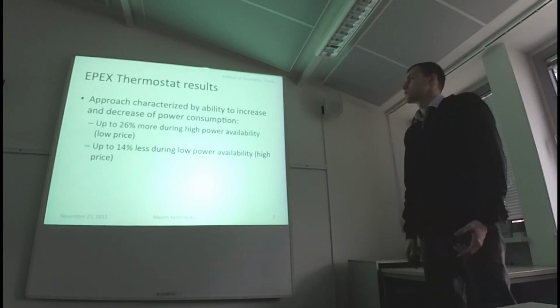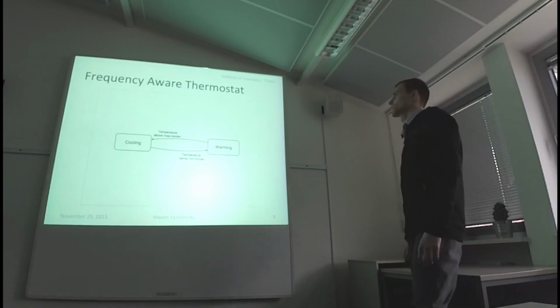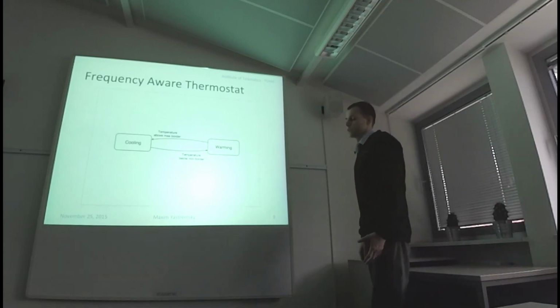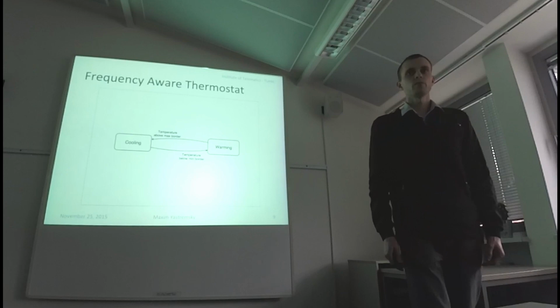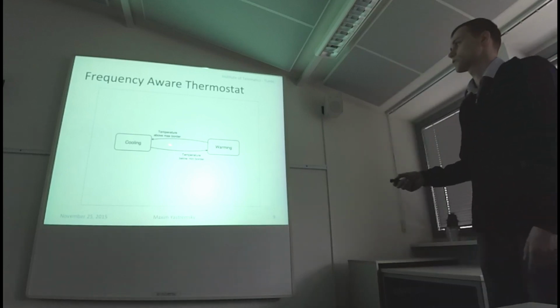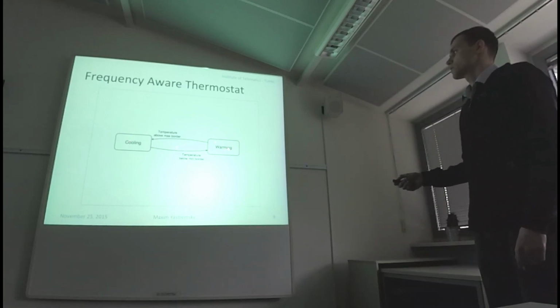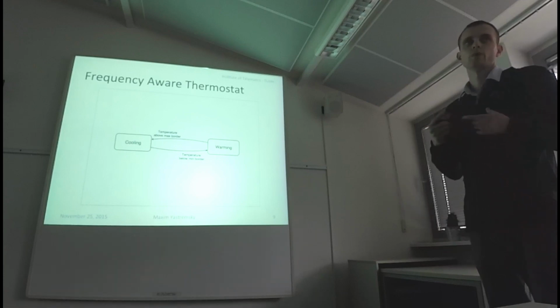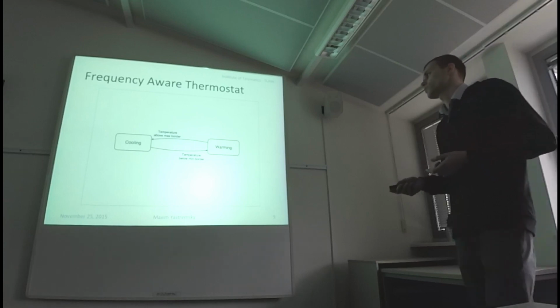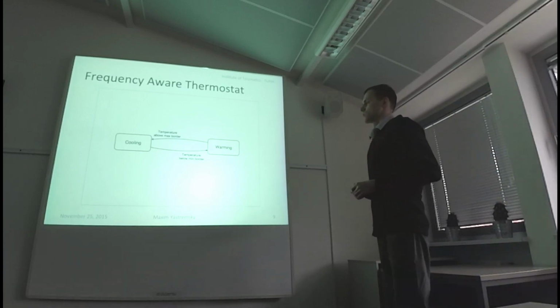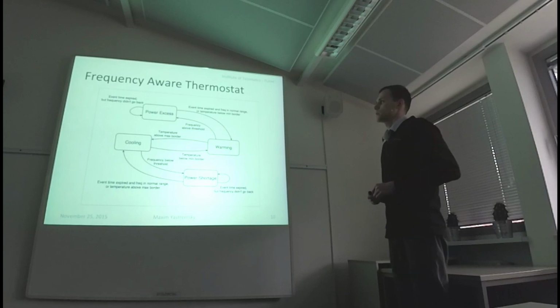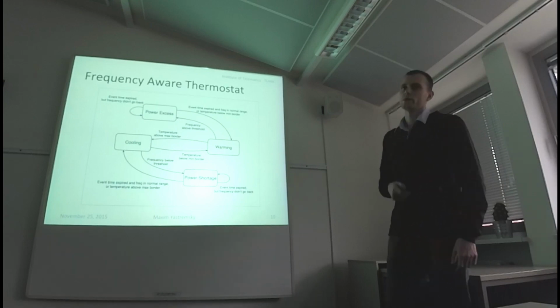The next approach I present is the frequency-aware thermostat. It is based on the normal thermostat, how the refrigerator works. There are two states, a cooling state and a warming state. They change when the temperature goes above or below the temperature borders. In addition to that, two more states are added. When the frequency goes up from the normal value, from the warming state, the refrigerator can be turned on to the power excess state.